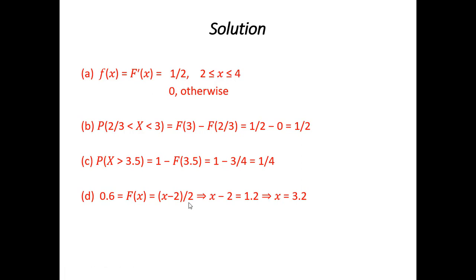We multiply through by 2, and then this becomes x minus 2 is equal to 1.2. Solve for x, and we get x is equal to 3.2. So that would represent the 60th percentile. So there's an example just involving a CDF and a PDF.